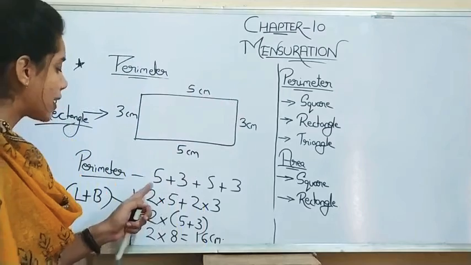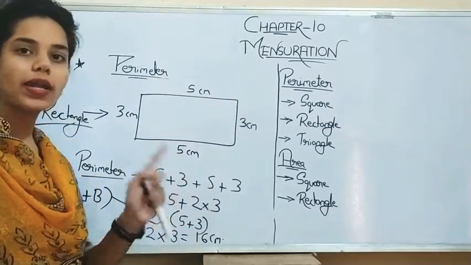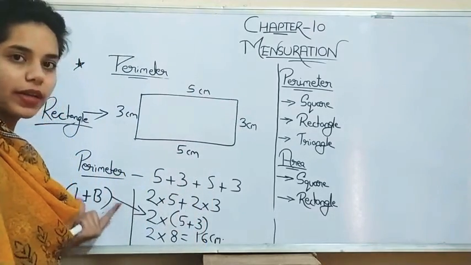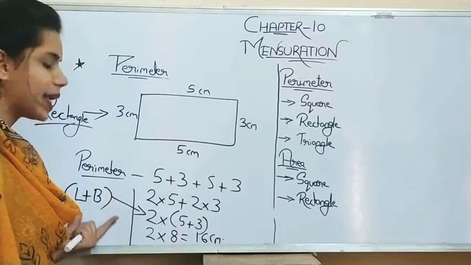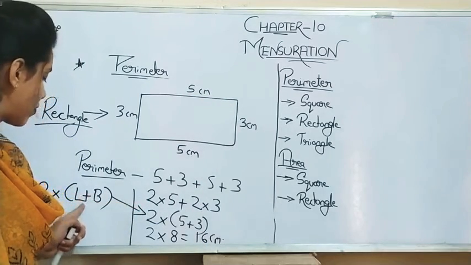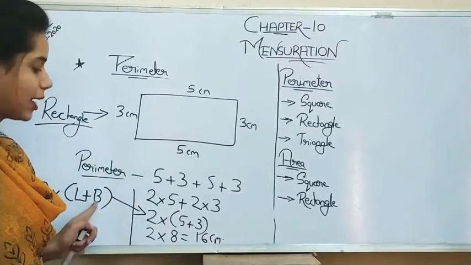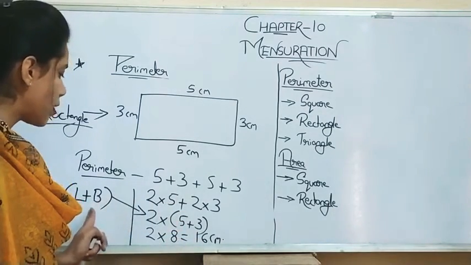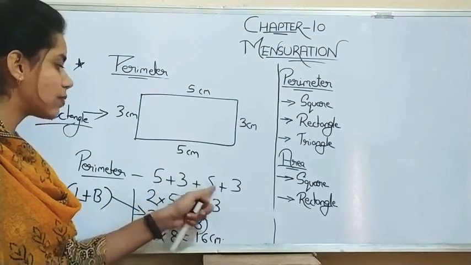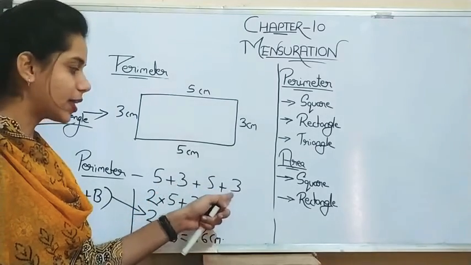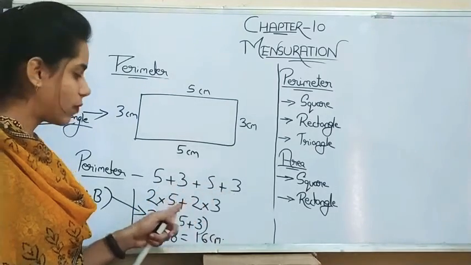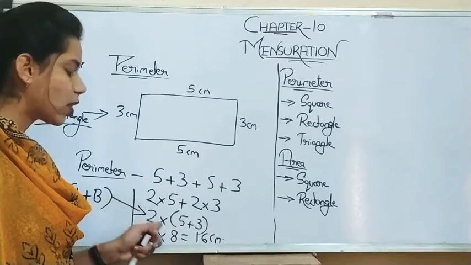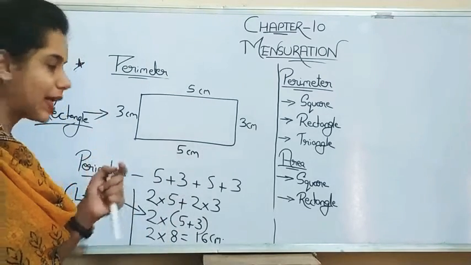So you can directly add them, or if you apply the formula here, it will be easy for you to put the value of length and breadth only, and you will get the answer. Understood this thing? So how did this formula come? If we write 2 times 5 and 2 times 3, we get the formula of perimeter of rectangle. So you can directly apply it.